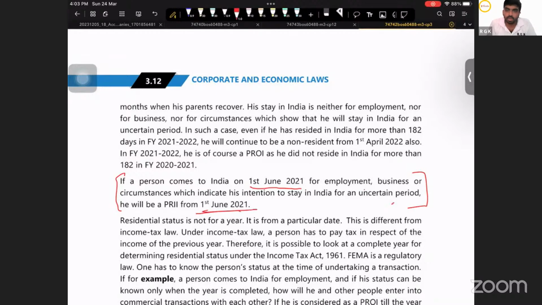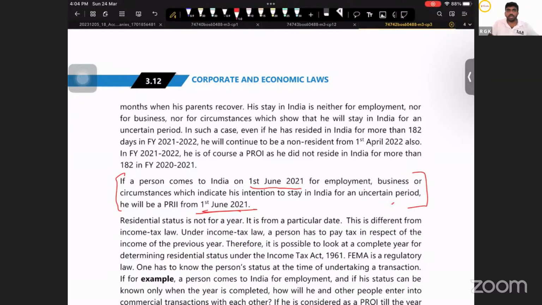That means according to ICAI, they are clearly saying that if a person is coming to India for those three purposes, don't ask him whether he stayed in India for 182 days or not in the preceding financial year. Straight away classify him as a person resident in India. Important point you have to keep in mind. If a person is coming to India, ask him one question: why are you coming to India?